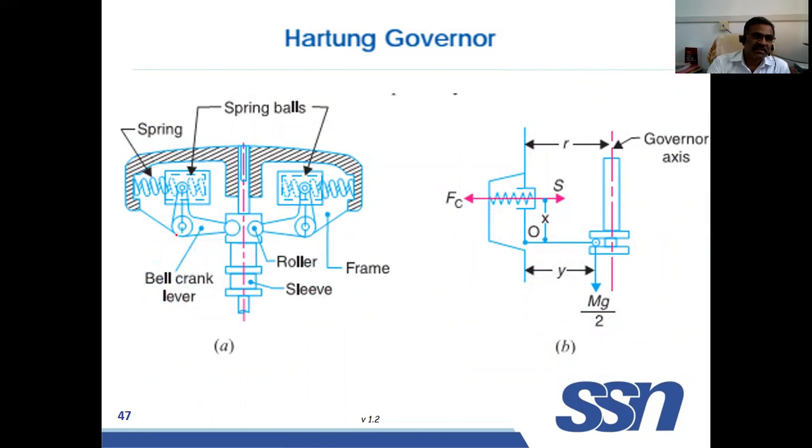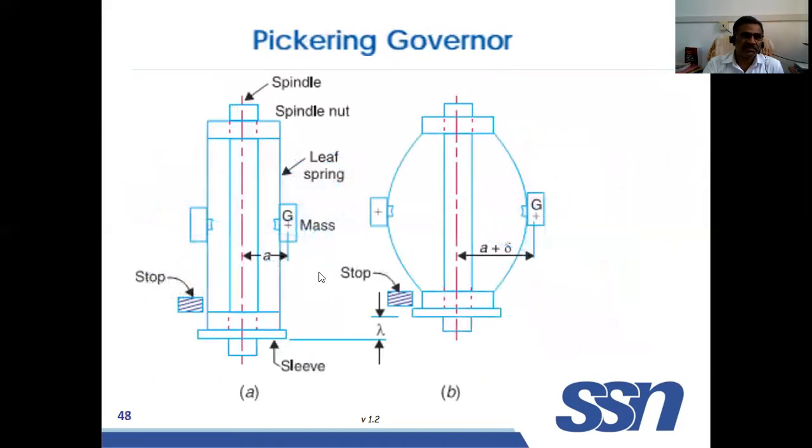Here we have the bell crank lever and the spring. Instead of fixing the spring here as in the Hartnell governor, the spring is fixed here in the case of the Hartung governor.